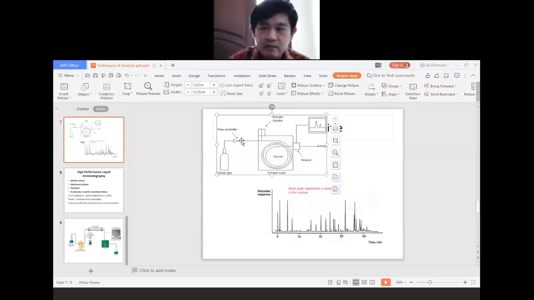We have to find it using this column, and then it is given out on the graph paper as a peak at this time, which corresponds to aspirin, and then we see the height of the peak.